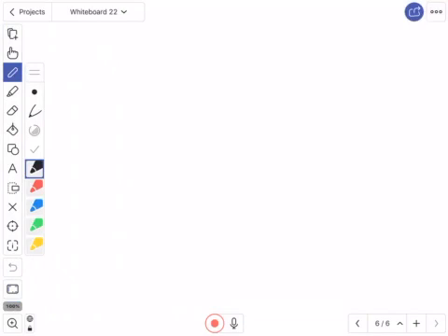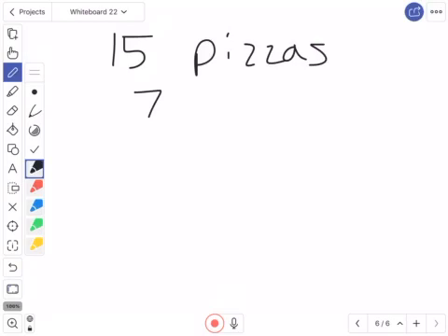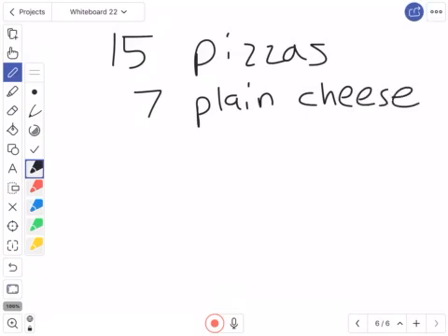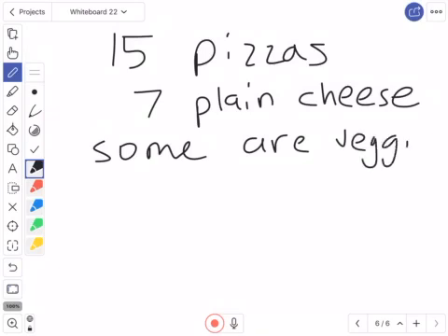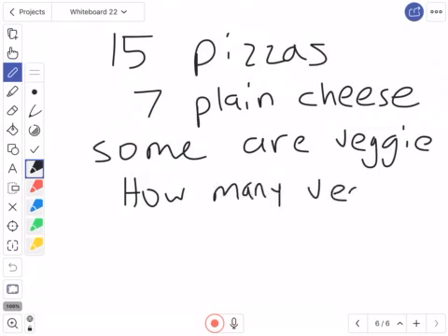So let's say I have 15 pizzas, because I love pizza. 7 are just plain cheese, and some are veggie. My big question then is, how many veggie?